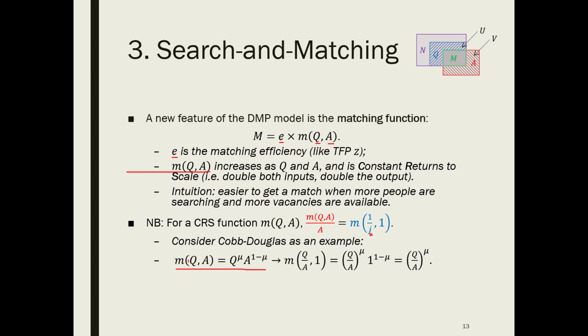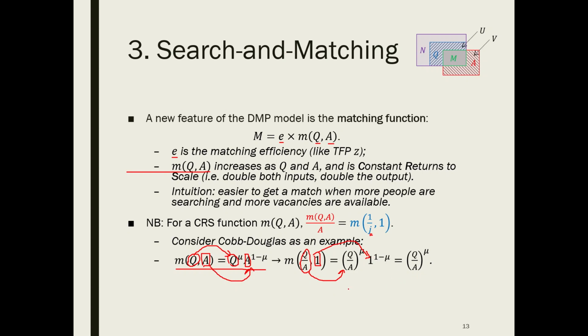So if we replace the first input Q by Q over A and replace the second input A by 1, we have M(Q/A, 1), which is equal to (Q/A) to the power of mu and 1 to the power of 1 minus mu, which is basically (Q/A) to the power of mu.